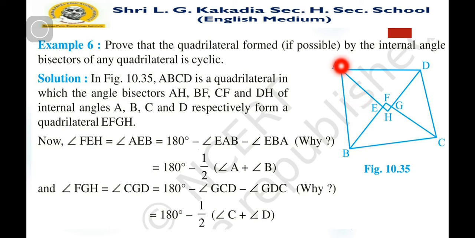We know that the sum of angles of a triangle is equal to 180 degrees. So if you want to find FEH, that is equal to AEB.